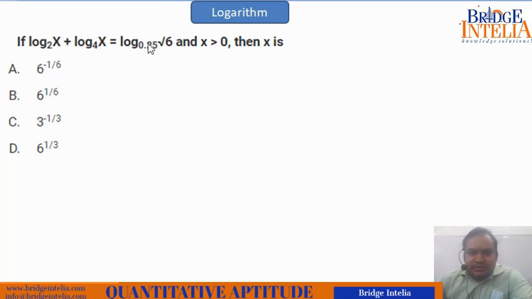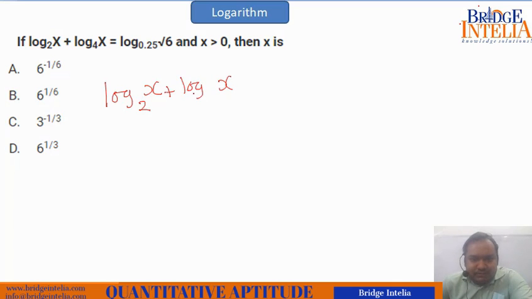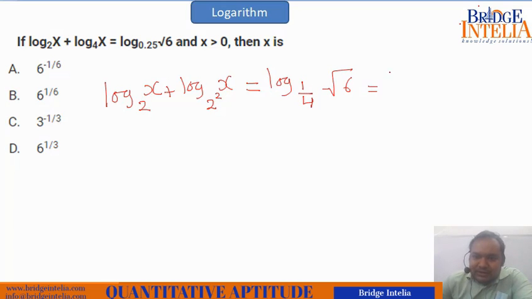So let's see, this is a very good question. It is given to us that log x to the base 2 plus log x to the base 4. Now 4 can be written as 2 square. Now this is equal to, now 0.25 can be written as 1 by 4. Now you see 1 by 4 can be written as 2 to the power minus 2.